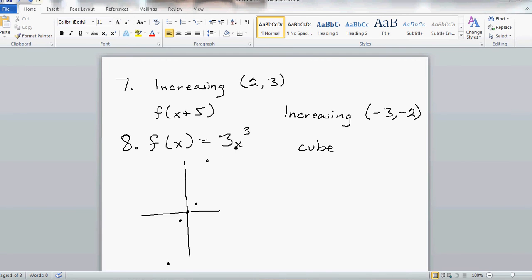Now the only thing that's added to it is this 3 right here. Now we ask, is that 3 directly connected to the x or not? Same question. And many people would say, yes, it's directly connected. But it truly isn't, because the x cubed, the cubed is affecting the x, but not the 3. So in this case, the 3 does not directly affect the x.